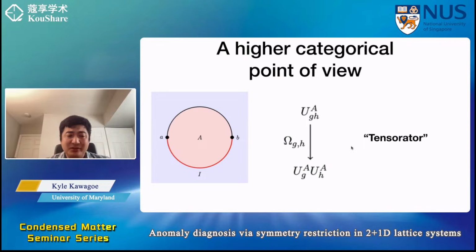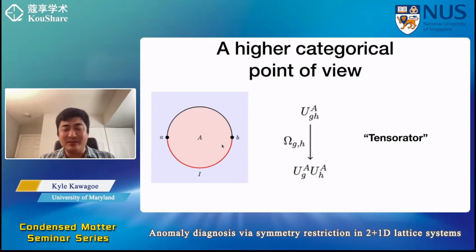But the idea is that if you have a group and you have G and H, after restricting to this region A, G times H is only GH up to something. And the general principle in higher category theory is to replace every equality with an isomorphism. So in this case, I'm making an analogy.